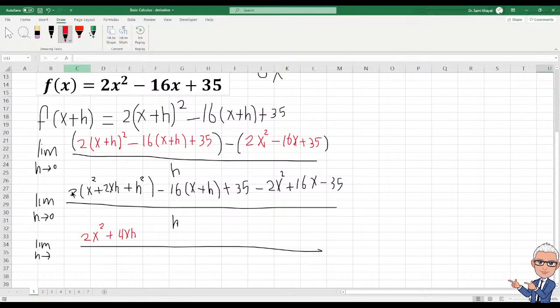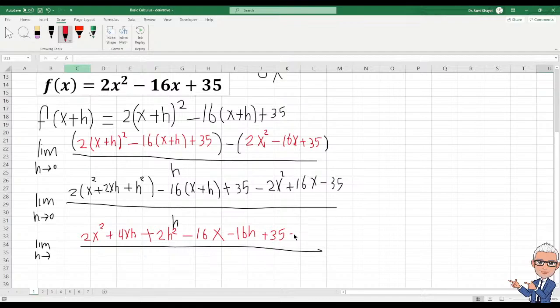I multiply this one by this 2, plus 2x squared, minus 16x, minus 16h, plus 35.